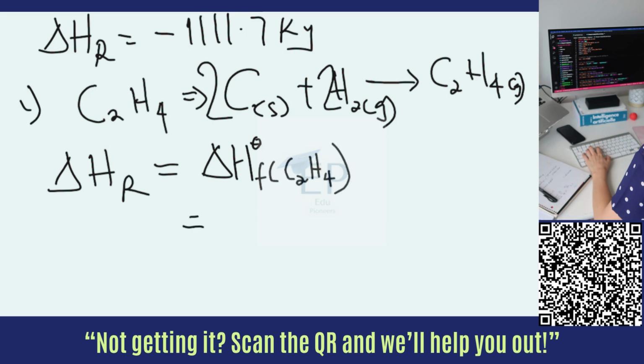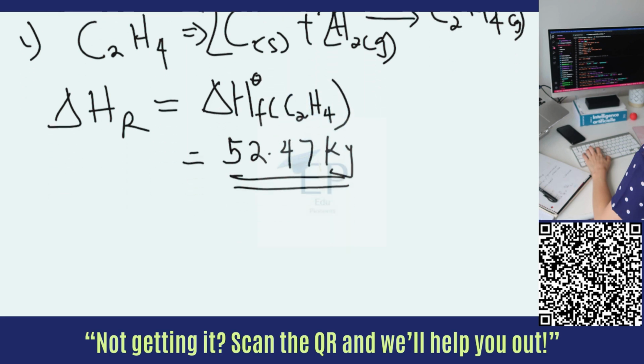And that would simply be, just following the same route, that would always be, check the table, you're going to have 52.47 kilojoules, right? That's going to be the enthalpy of the reaction.